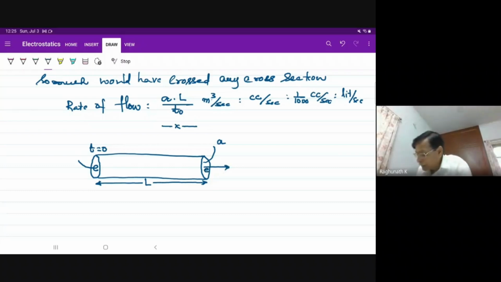Let me put this electron e. It comes out at t equals t naught. The number of electrons per unit volume of this conductor is n, the specific density of electrons per unit volume.